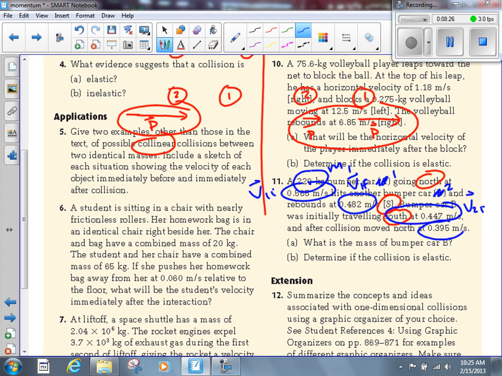And after the collision moved north at 0.395, so we're going to call that V2F. No, the first one is going to be V1I, V2I, isn't it? Not V2F. This is going to be V2I there. All right, let's copy that over and create some space here.